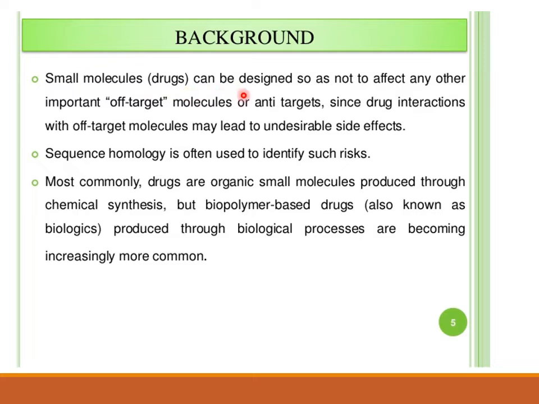This is called off target. Interaction with an off target molecule may lead to undesirable side effects. Sequence homology is often used to identify such risks. This is the technique through which we can understand that this protein is silenced and this protein is causing disease.